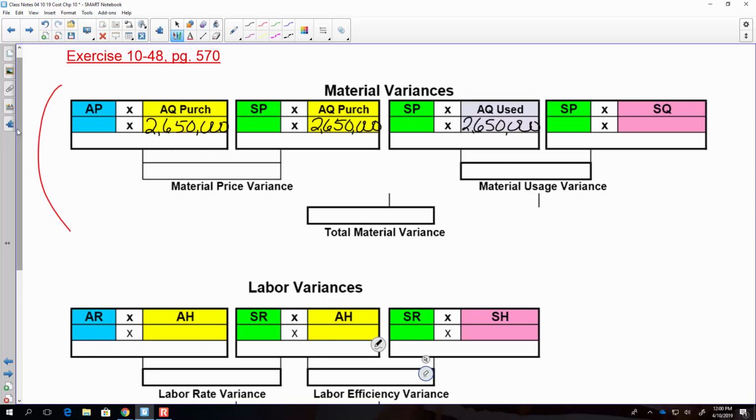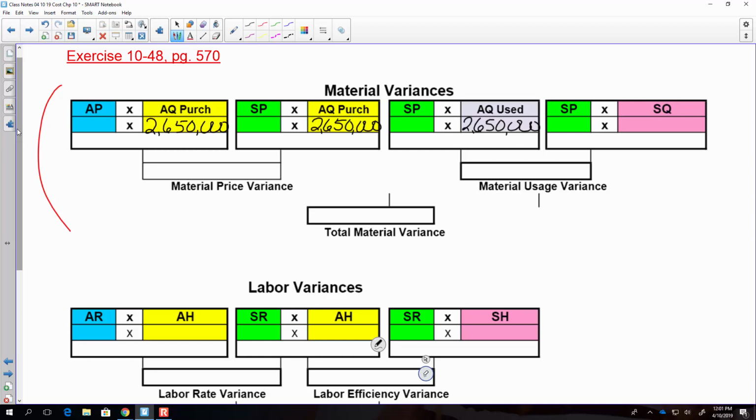Okay. What else do we know? Isn't actual price per unit like 4.5 cents? Yep, 4.5 cents. And I would actually say not unit, it would be what? Per ounce.